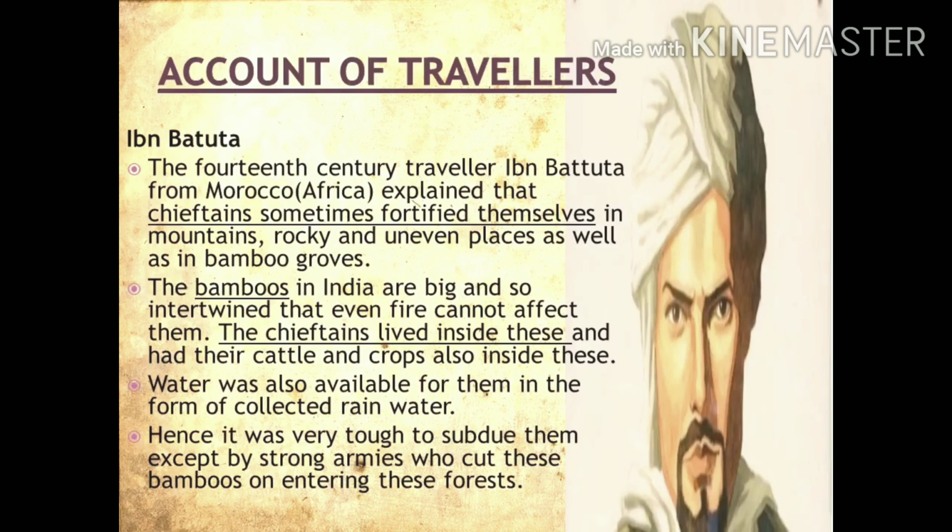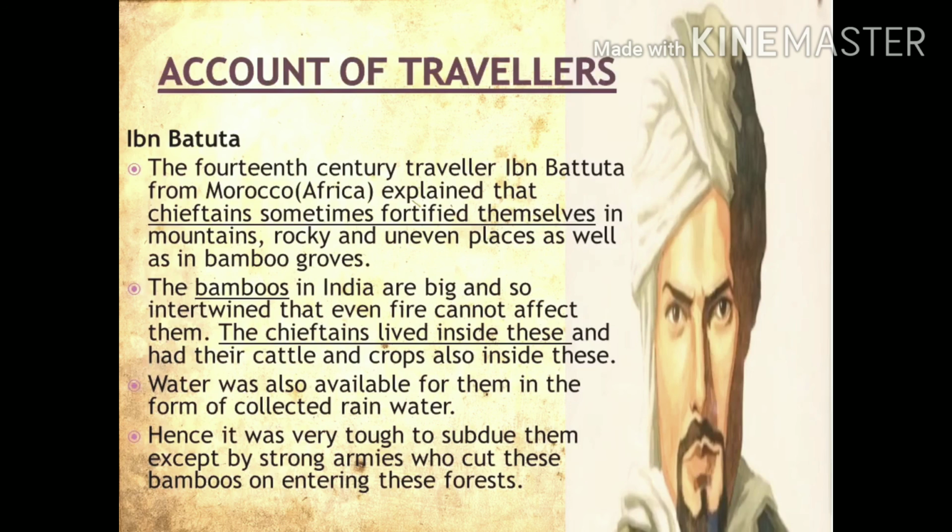So what he saw was that the chieftains, to protect themselves, built their forts in mountains, in rocky and uneven places. And at times they used to live in bamboo groves, that is, they made a bamboo fort around themselves. The bamboos that are available in India are so big and so interconnected that even fire cannot affect them.